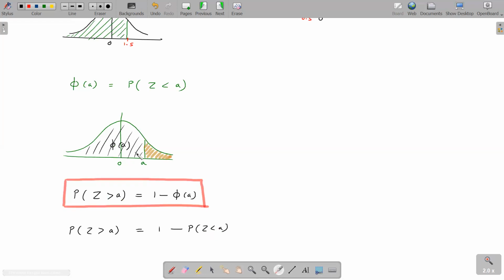This is the probability Z is less than A, the one I'm shading here in blue. Phi A means the probability that it's less than. So the blue area is the Z less than A area. If you subtract the less than area from 1, you get the greater than area. Right guys, are you with me?